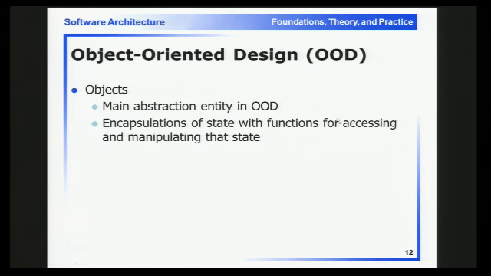So object-oriented design has a very unique kind of component, which is called objects. Objects mainly capture abstract entities in the real world, so objects are usually mapped to real entities in the real world. Sometimes they aren't, and we can create our own abstract objects. For example, a transaction in a banking system may not be tangible, but it can be an object.